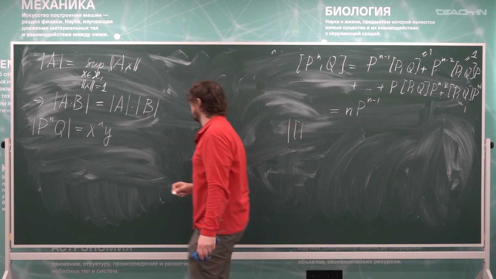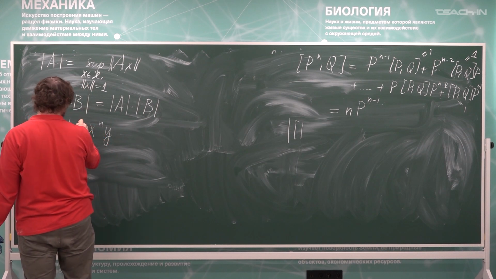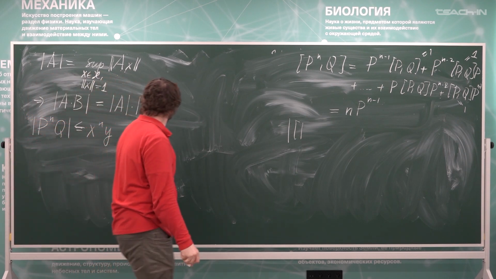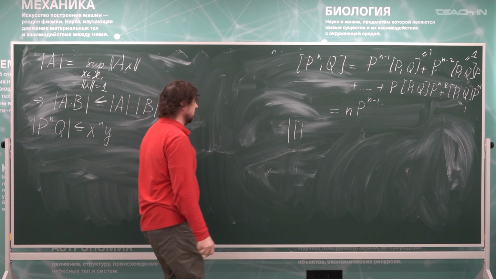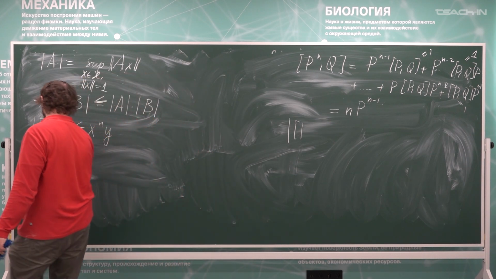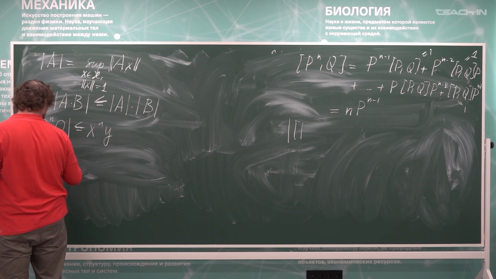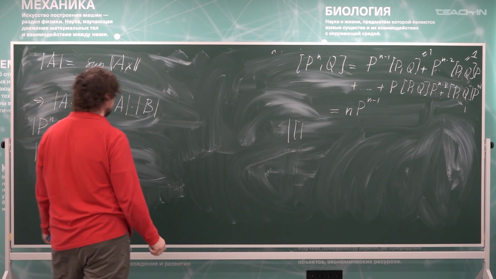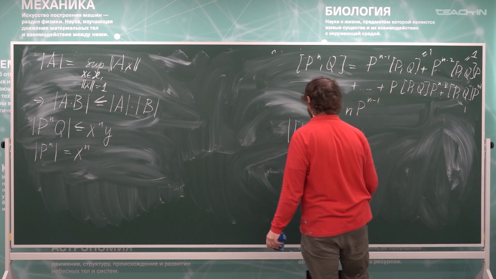I'm sorry. I think it's actually an inequality, like this. It's not an equality, it's an inequality. But what is true is that the norm of p to the power n should be equal to x^n.